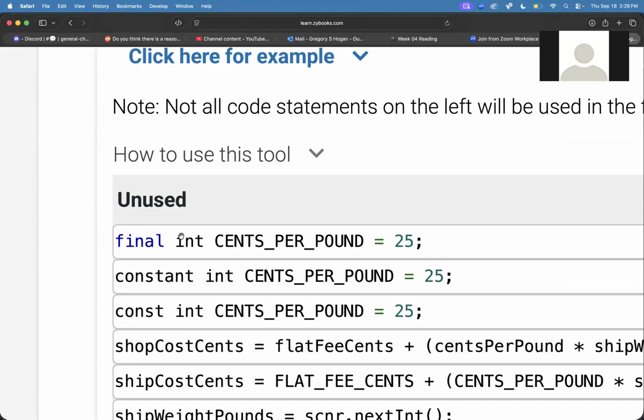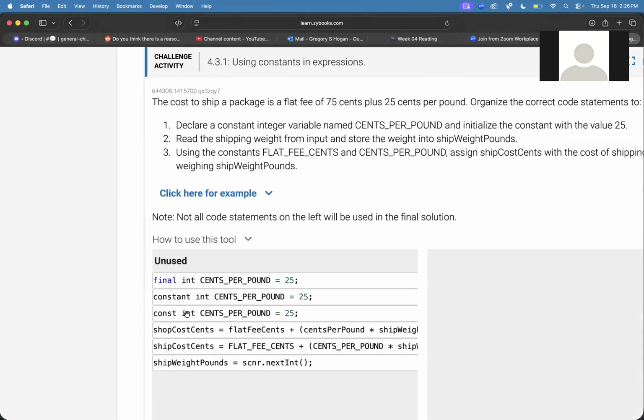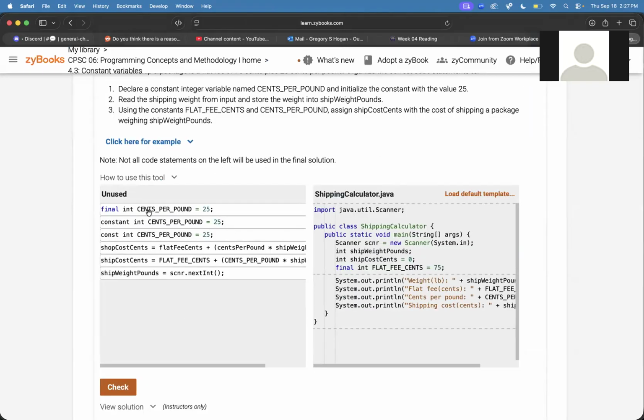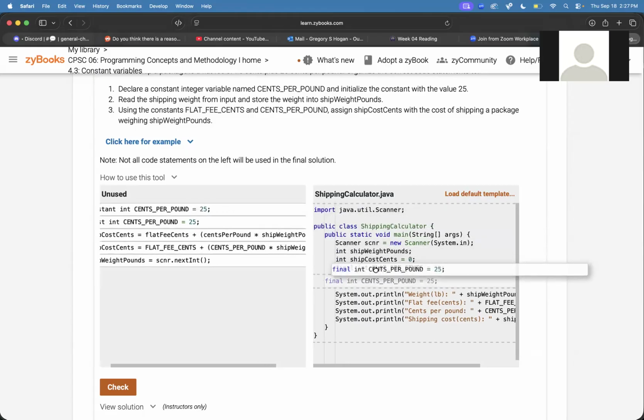It's the top one, right? The word final makes it a constant. The third one, by the way, is how you would do it in C. It's correct, but only in a different programming language. So the top one's correct. To do step 1, it's the top line, and we would do it here. They also make you indent it the right amount, so this is the right amount.